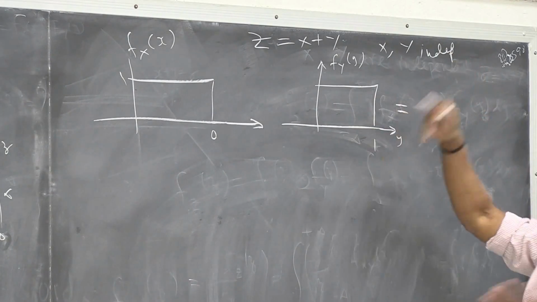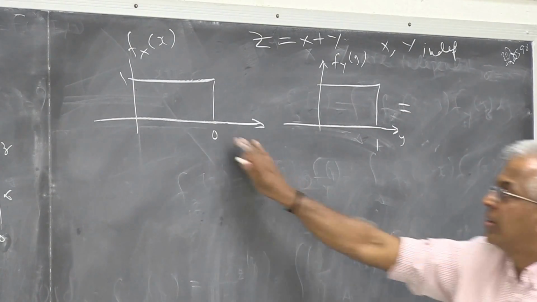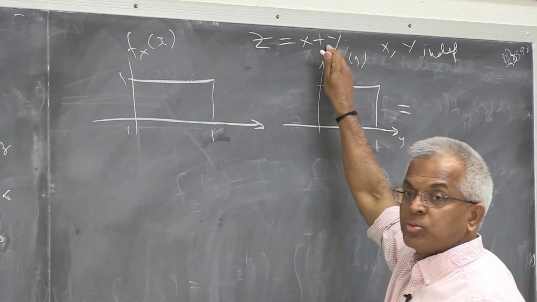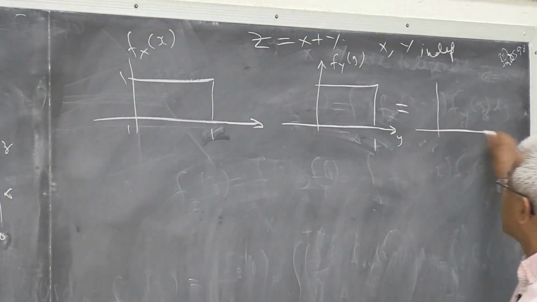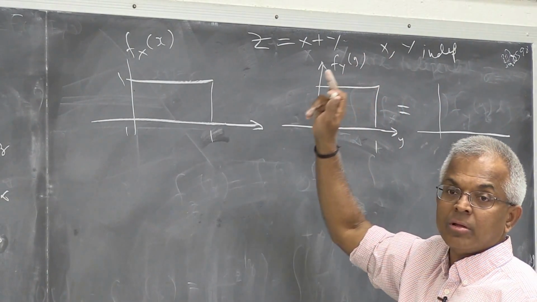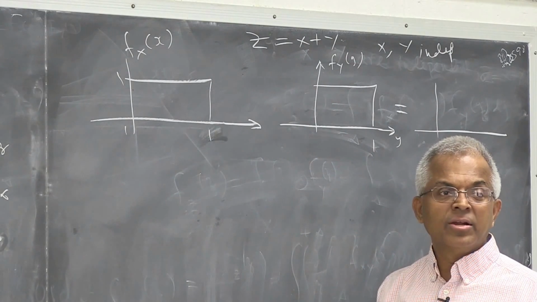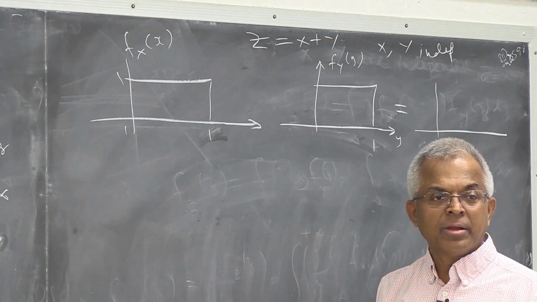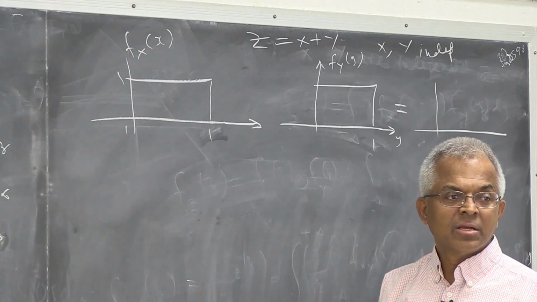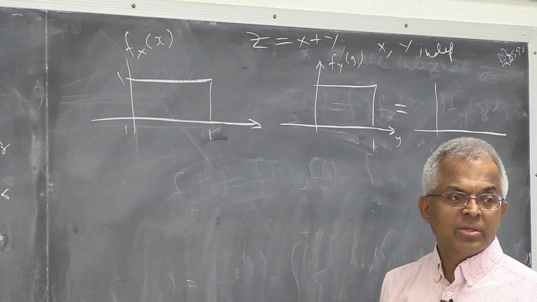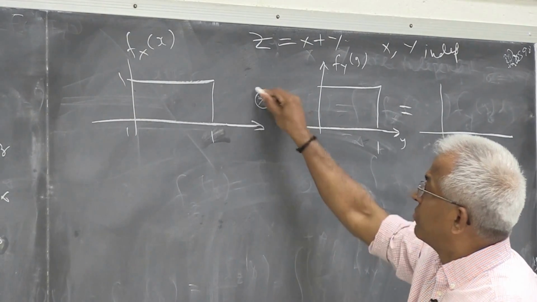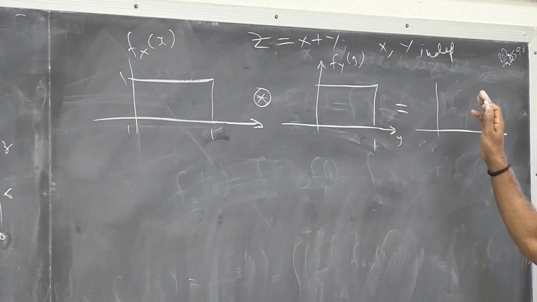So this is the problem. X and y are uniform between 0 to 1. Z is x plus y. So what is the density function of z? x and y are independent also. We already learned the theorem: if x and y are independent, z is x plus y, the density function of z is f x convolved with f y. So you have to convolve this with this. If you know how to convolve two rectangles, what will you get?